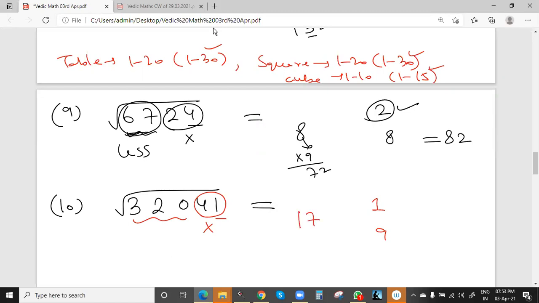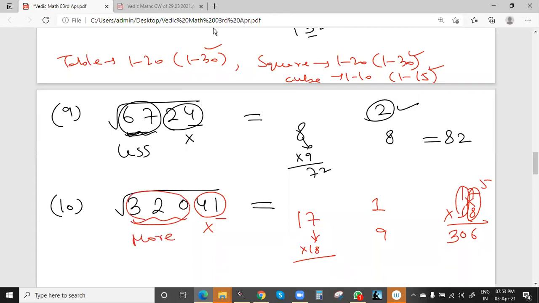We'll take 17, and between 1 and 9, we'll choose based on multiplication of 17 with 18. So we'll multiply 17 and 18 by the shortcut method. 8 times 7 is 56, 6 carry 5, 7 times 8 is 56, plus 5 is 61... 1, 1, 2, 1, 3, 306. It is more than 306.